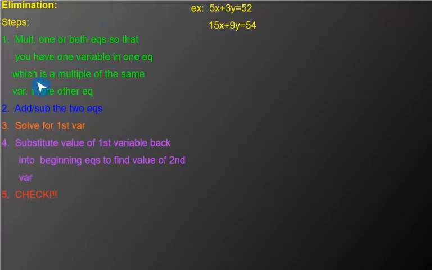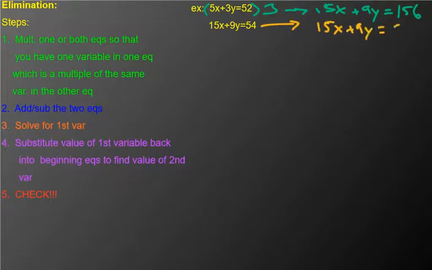The first step says multiply one or both equations so that you have one variable in one equation which is a multiple of the same variable in the other equation. So I would just do this one times 3, which gives me 15x plus 9y equals 156. And I'll copy this over: 15x, 9y equals 54.